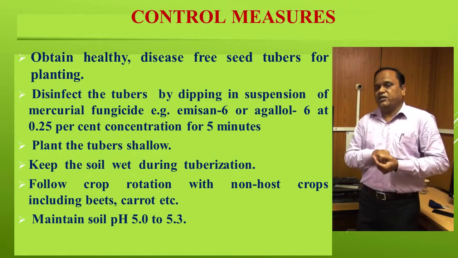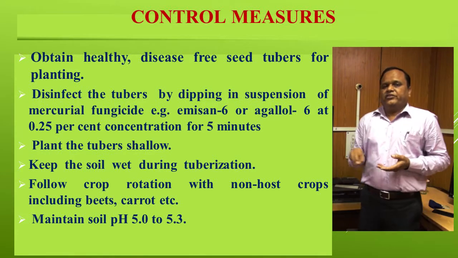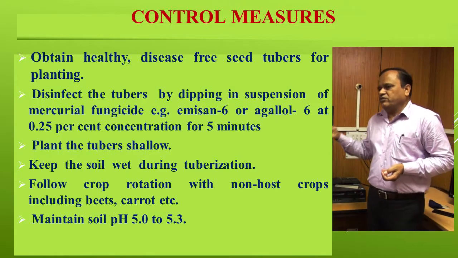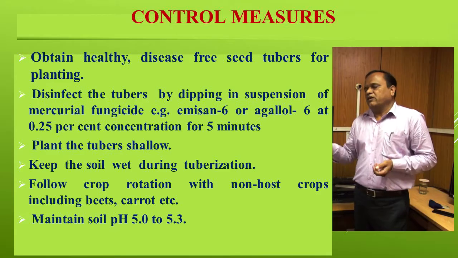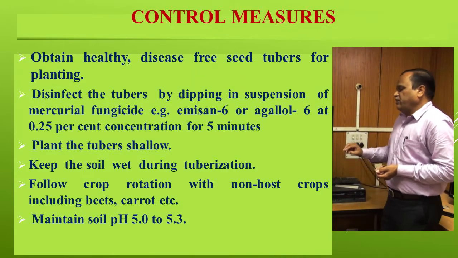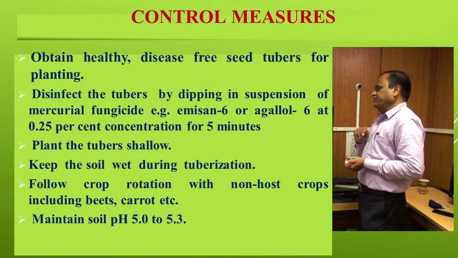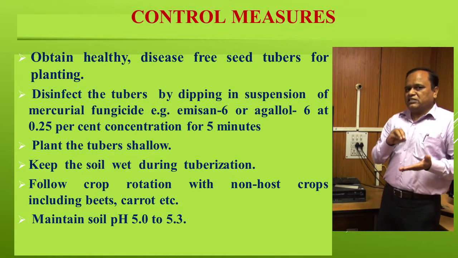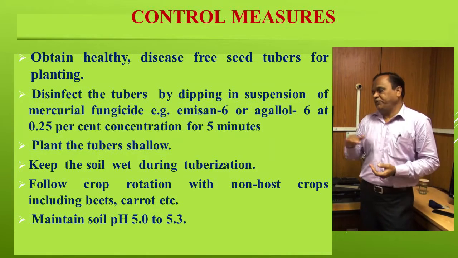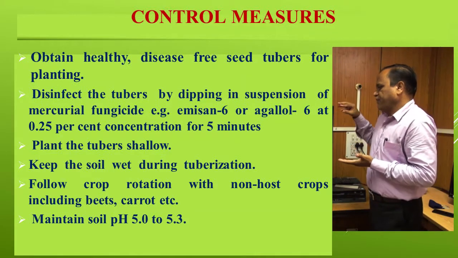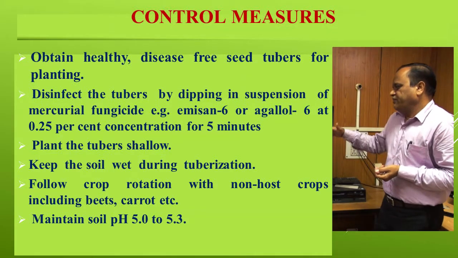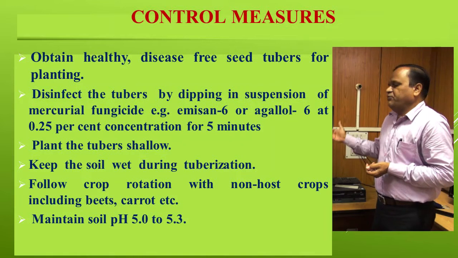I have already discussed that this disease does not occur particularly in acidic conditions. So try to always maintain the soil pH in the acidic range, that is 5 to 5.3.